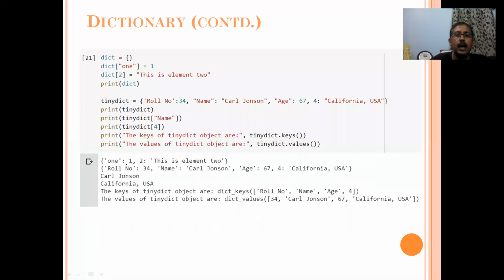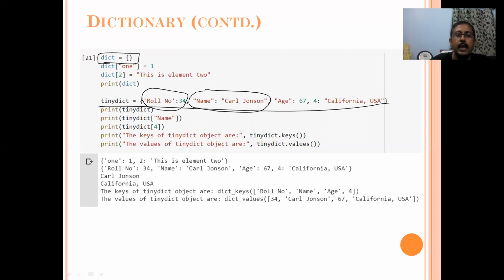When we talk about the creation of a dictionary object, either you can create it as an empty object, the same way we did with lists, or you can create a dictionary object with pre-filled values, meaning a pre-filled set of elements, each element being a key value pair.